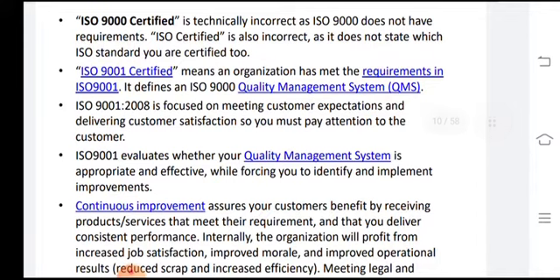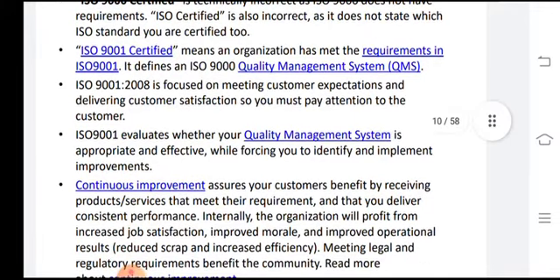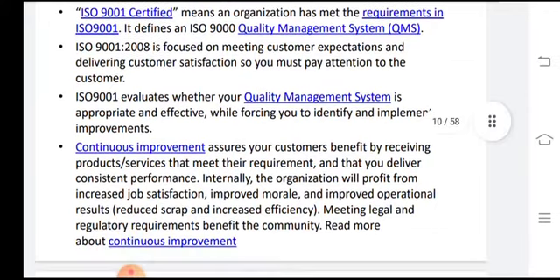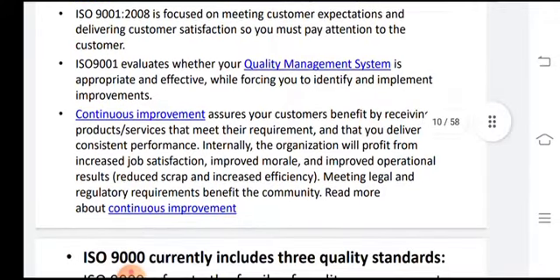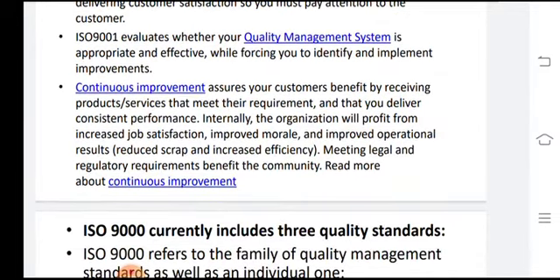ISO 9001 defines quality management system, and is focused on meeting customer expectations and delivering customer satisfaction, so that you pay attention to the customer, and then continuous improvement assures your customers benefit by receiving products that meet their requirements, and that you deliver consistent performance.